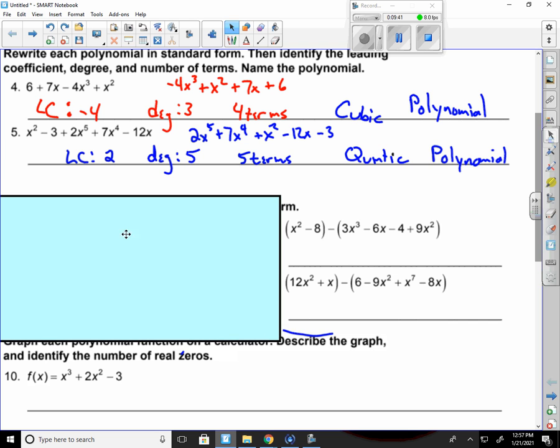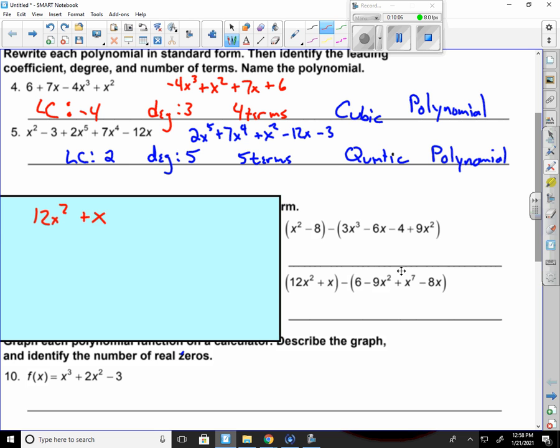Jump to 7 and 9 now. Number 7, I'm going to do 12x squared plus x.